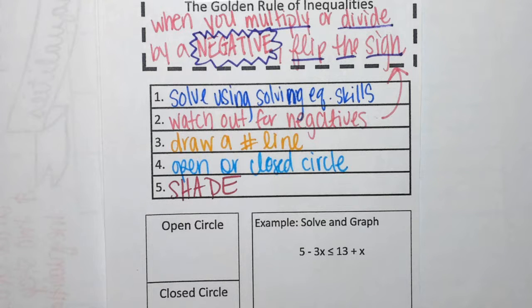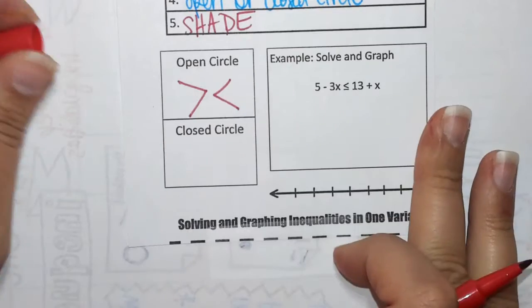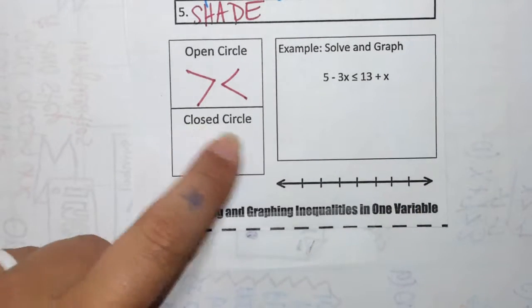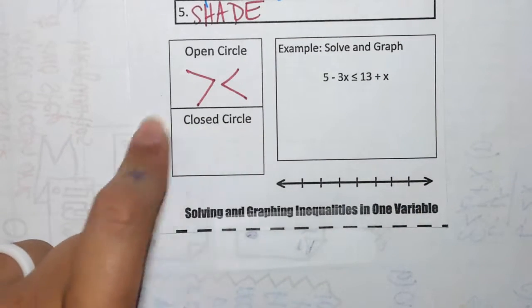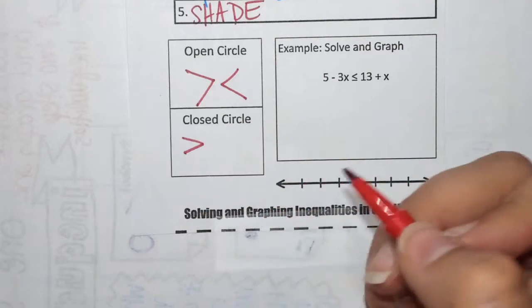Stop. Alright, we use an open circle when we have greater than or less than. When do we use this one? When we have what?